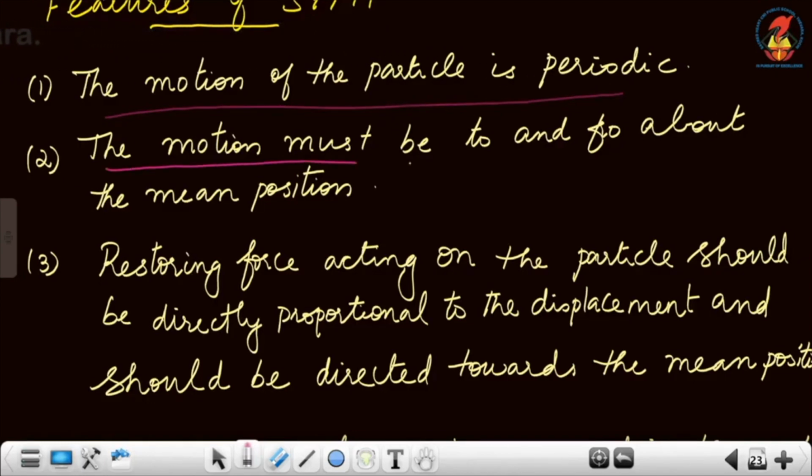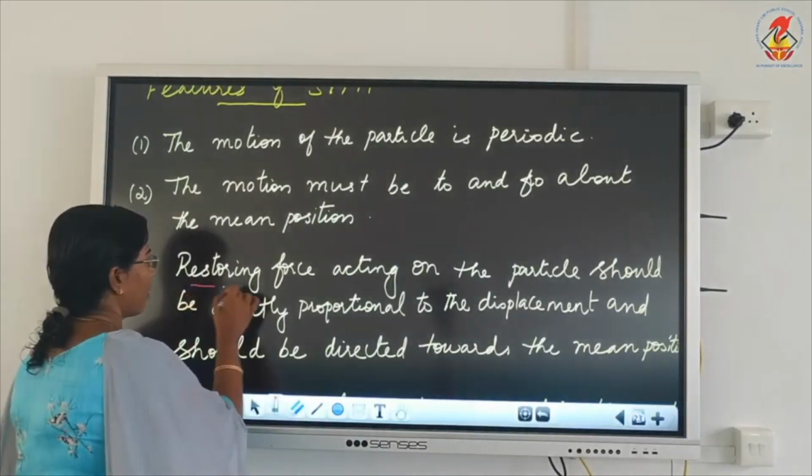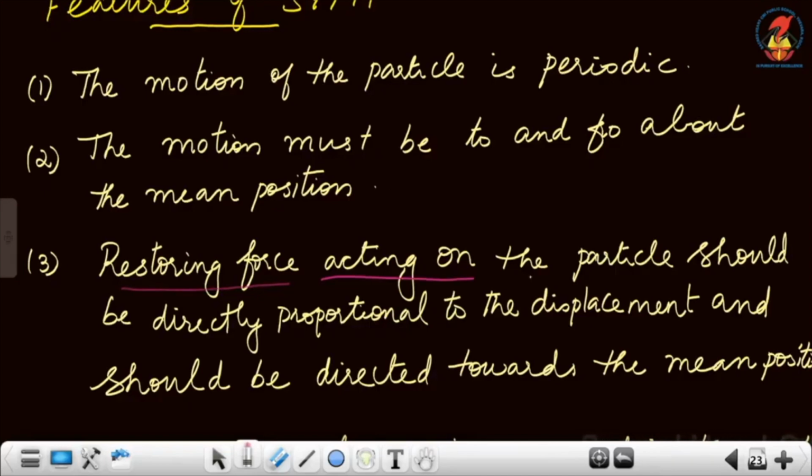Second point, motion must be to and fro about the mean position. Then only we can say it is in simple harmonic motion. Third point, the restoring force acting on the particle should be directly proportional to the displacement and must be directed towards the mean position or the initial point.